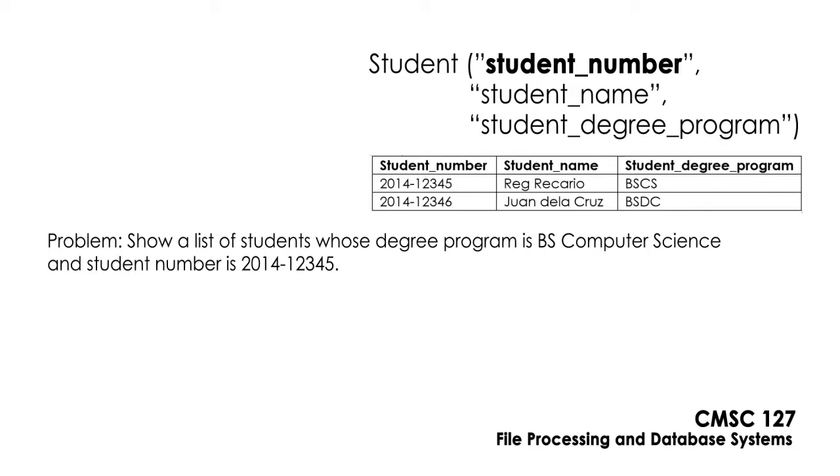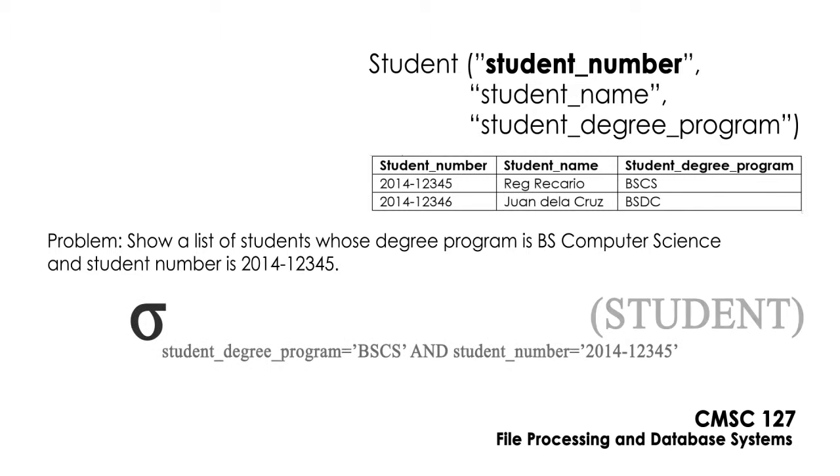How will you do that? Now, if you were able to follow the examples, then you might have an answer similar to what is shown here on the board. So, if you were able to understand select operation, we can now proceed to rename operation.